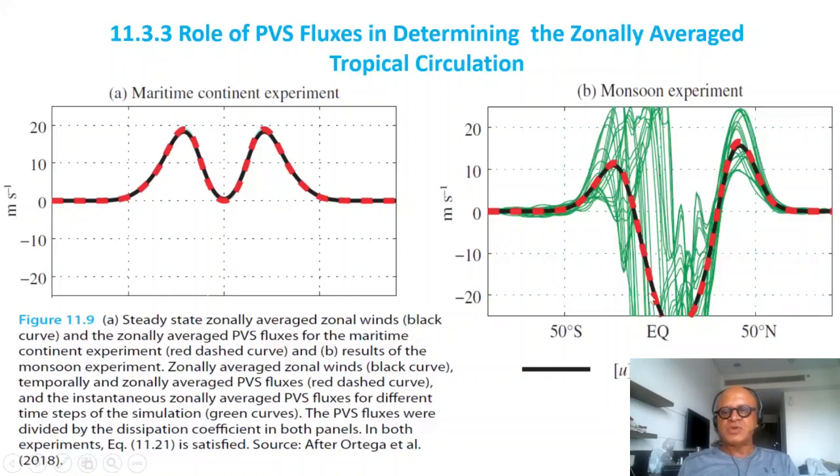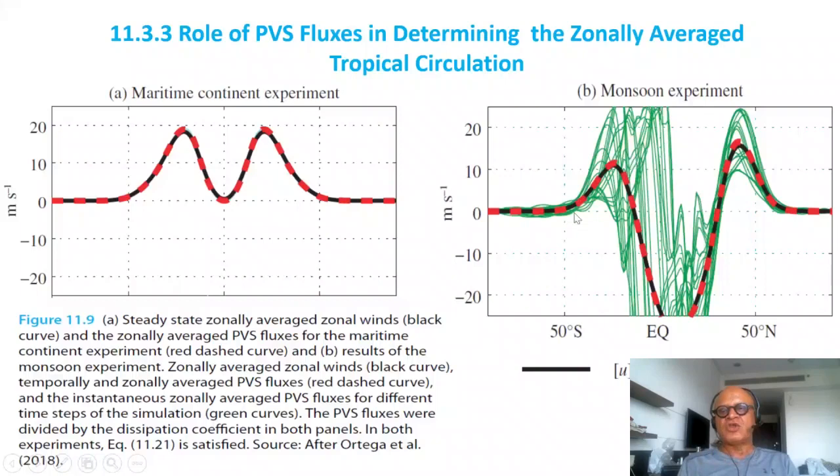So when you average over time, you clearly see the correlation between the zonal winds and the PVS fluxes is very high, even though we expect that this system full of breaking filaments advected around in the easterlies and advected back to the north and so on will have high variance because they are recurrent events.